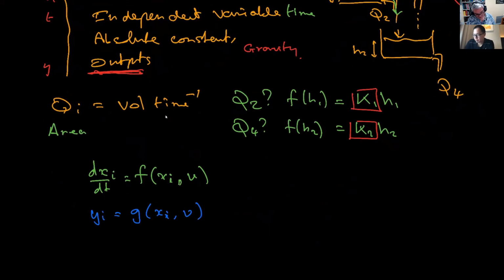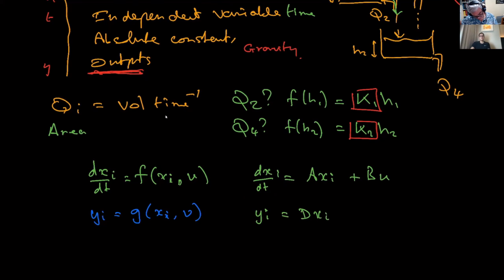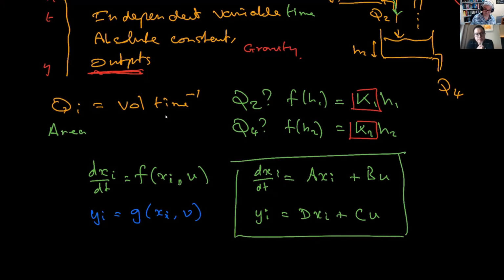Now, when you linearize these, which we haven't talked about, you end up with this equation, okay, that one. And this one becomes yi equals dxi plus cu. These are the general linear equations for any system like this.